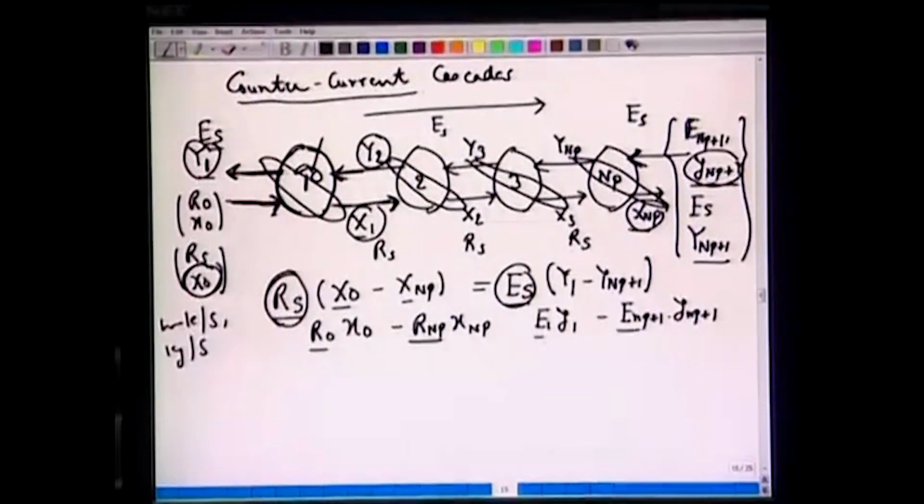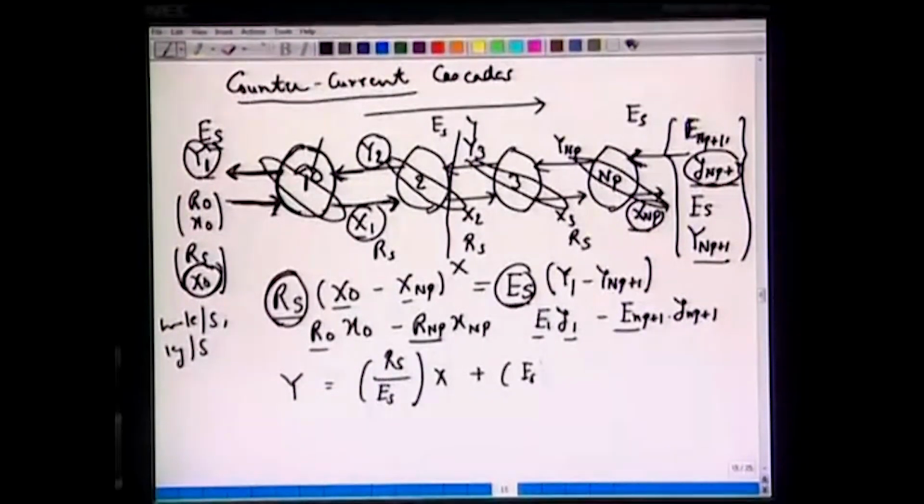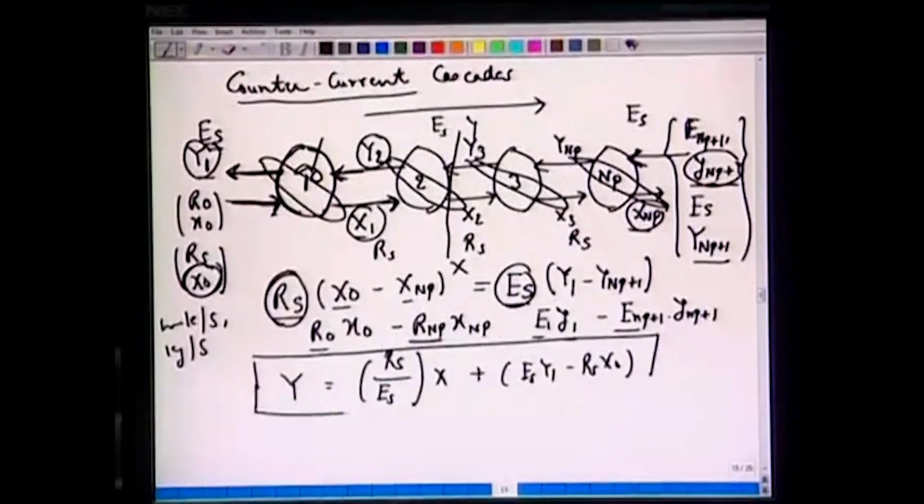But if we work on solid free basis, E1 and E NP plus 1 can be replaced with Es, and small mole fraction y can be replaced with capital Y and X. The idea is that at any location, if we take a stage with y and x, we can draw an operating line which would be linear, y equal to Rs over Es x plus Es y1 minus Rs x0. So, this is our operating line in a counter current cascade, and important again here is to notice that the slope is now positive.